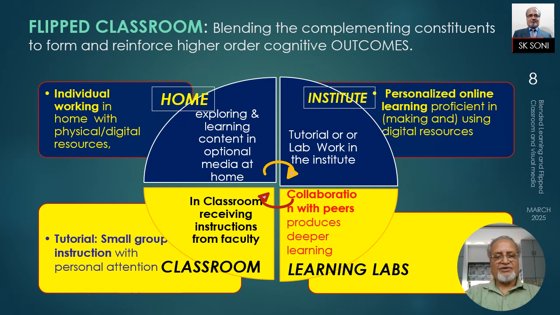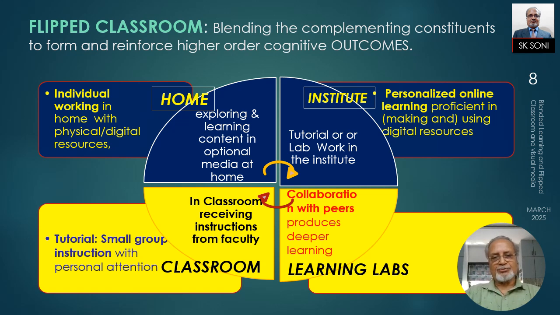So, in variation 1, shown in the blue color, the individual works at home with physical or digital resources. Students are exploring and learning content in optional media available at home. And this particular learning is further reinforced at the institute using tutorial or lab work.